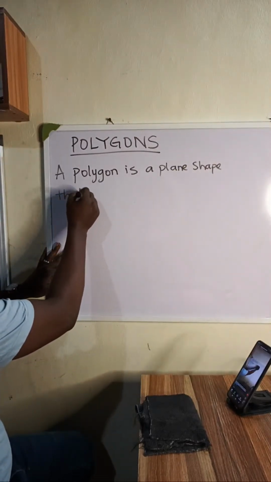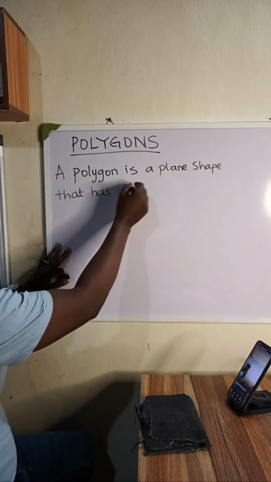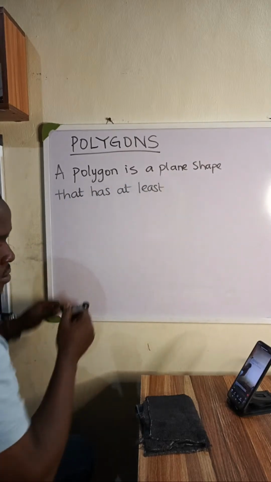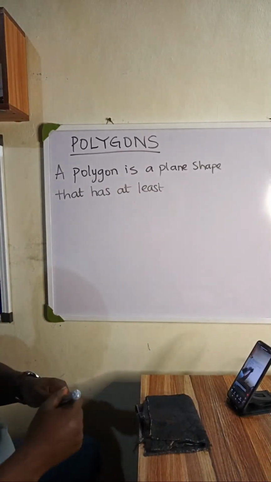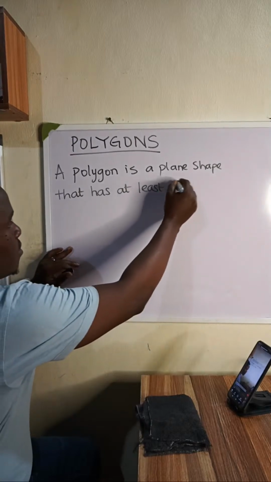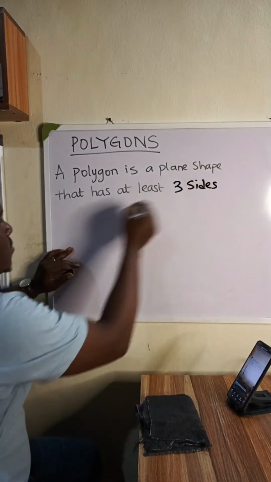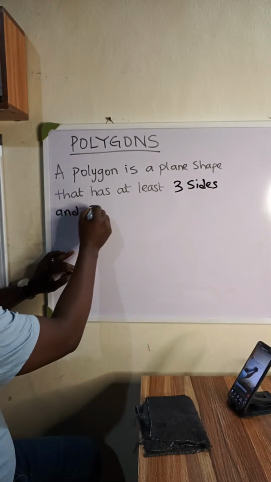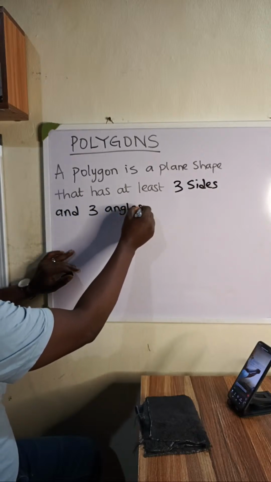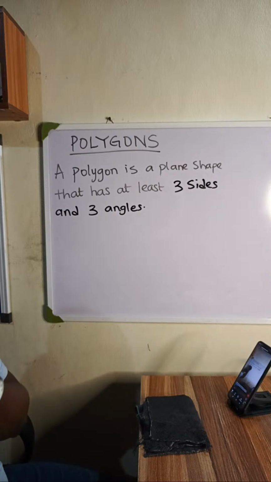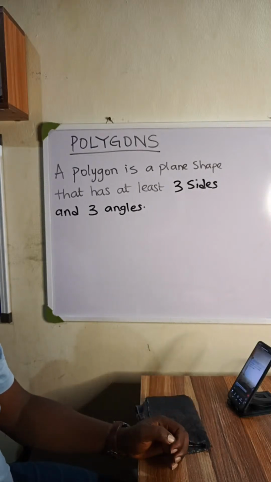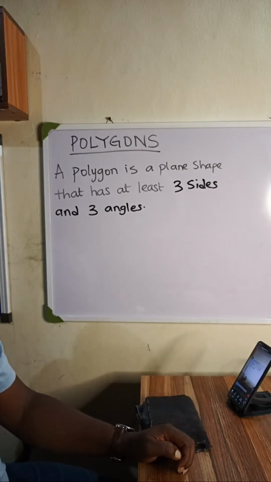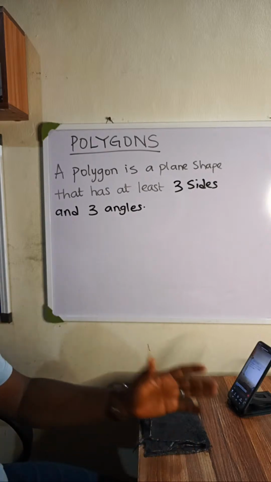That has at least 3 sides and 3 angles. So whenever you see a plane shape that has at least 3 sides and 3 angles, that plane shape can be called a polygon. Okay, so there are different types of polygons.